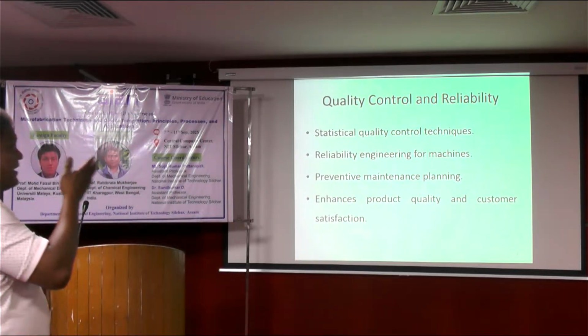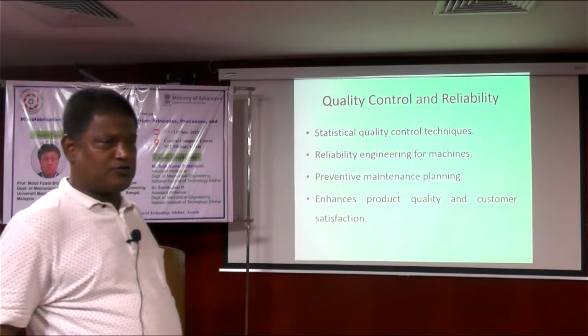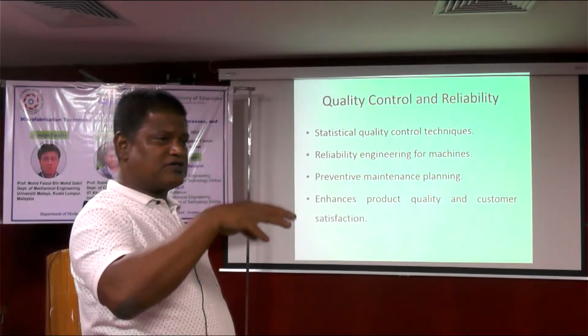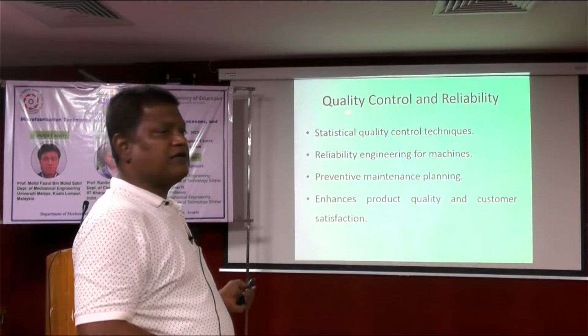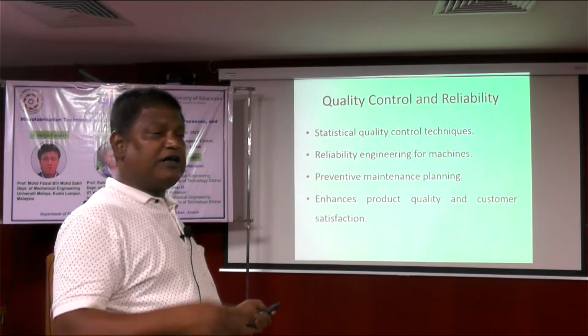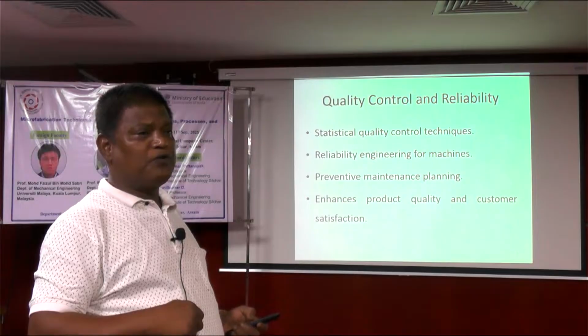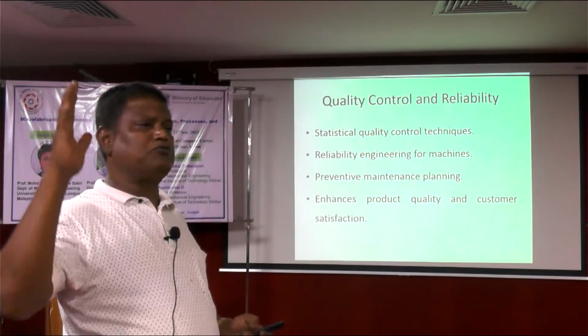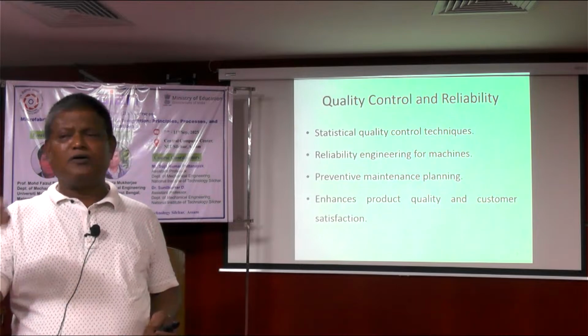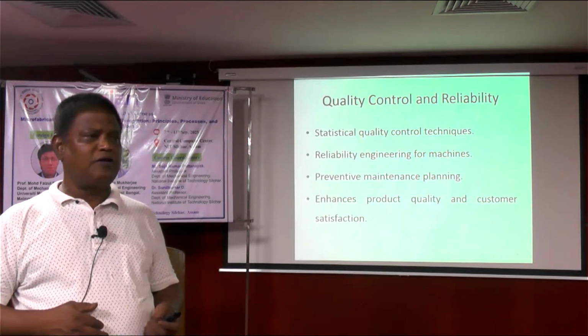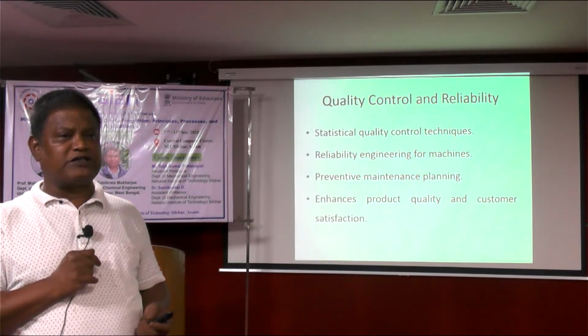Now, again, quality control and reliability. Today, to sustain in the market, quality is the first criterion you have to meet. In earlier days, first we produced the product, and at the end, if we saw it was not up to the mark, we used to reject the whole thing. But the concept has changed.